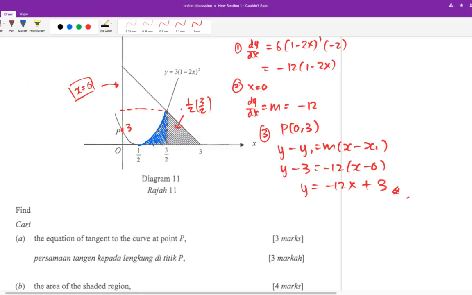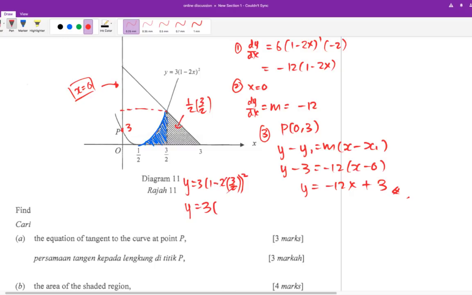In order to find the height here, we will find the equation of the curve at that point. You can sub x equals 3/2 into this equation, and you can get the y value easily. So I will sub into here: 1 minus 2(3/2) squared. Let me solve this. 2 times 3/2 is 3.